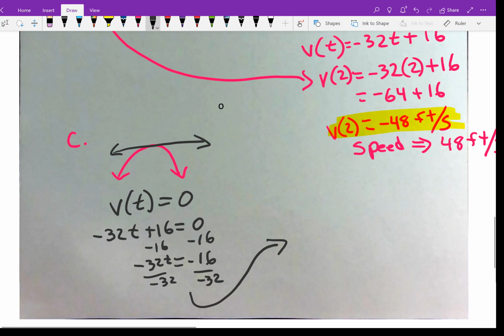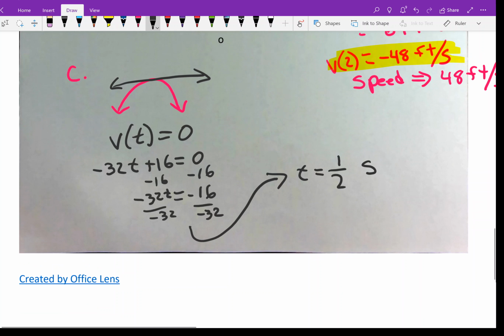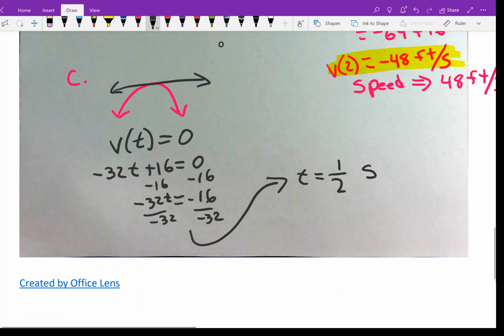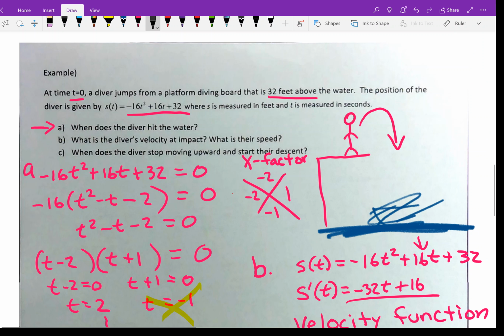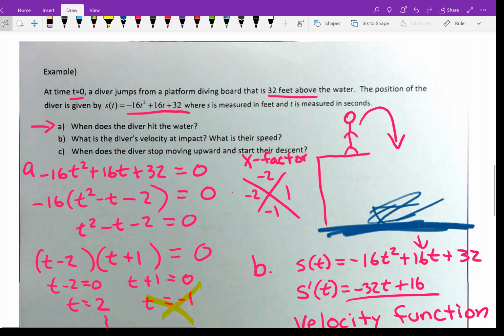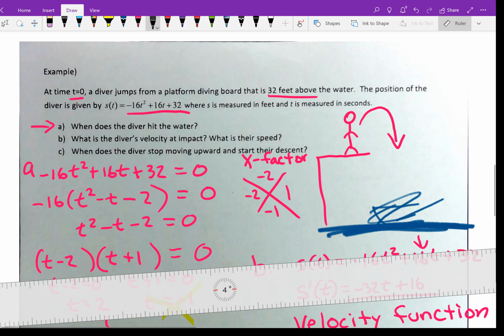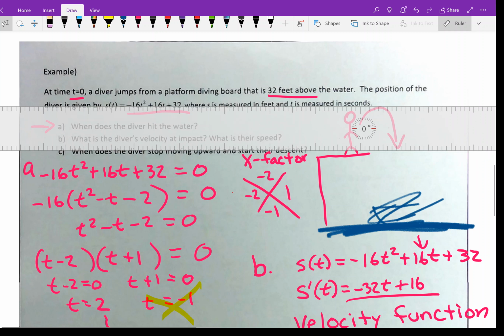When I divide both sides by negative 32, I end up with t is equal to 1/2, positive because the negative signs canceled out. And that's 1/2 second. So if I'm looking at that diver again, I'm going to go back up here. At t equals 1/2, I am right about here.